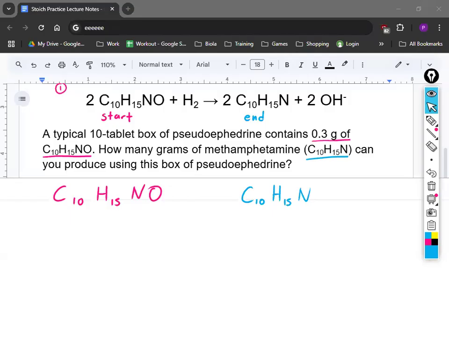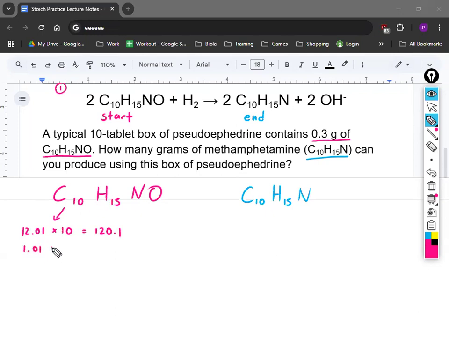All right, so let's start with the molar mass of pseudoephedrine. So what we're going to do is we're going to take a look at our periodic table to find the molar masses. So if you guys take a look at carbon, carbon is 12.01, right? And then there's 10 carbons in pseudo, so we're going to multiply that by 10. That's going to give us 120.1. You have hydrogen, there's 15 of them.